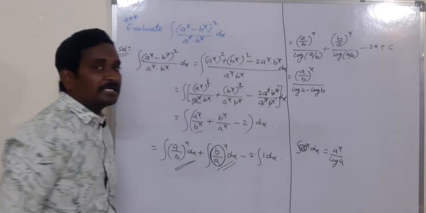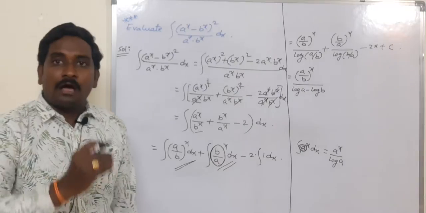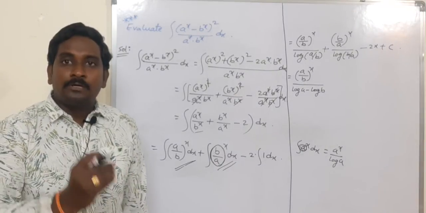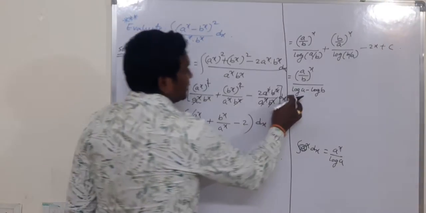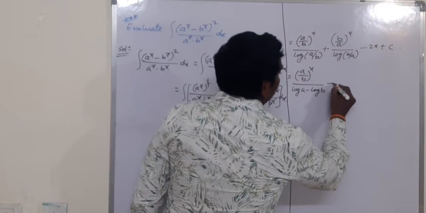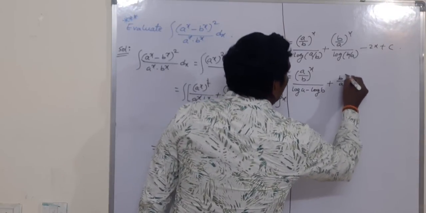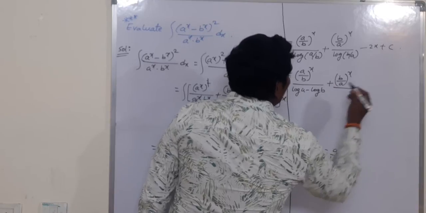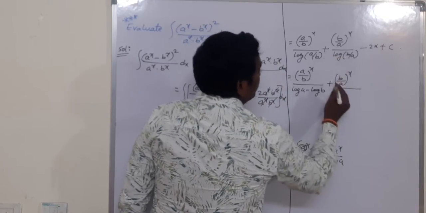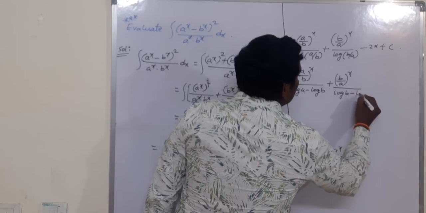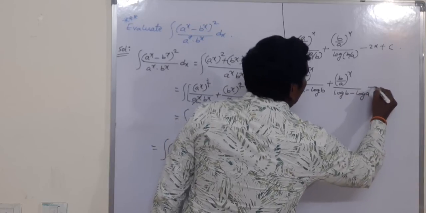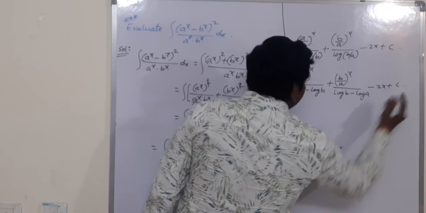According to the properties of the logarithmic function, log m by n is equal to log m minus log n. By using that relation, you will get this one plus (b by a) whole power x whole by, here also we have log b by a, which can be written as log b minus log a, minus 2x plus c.